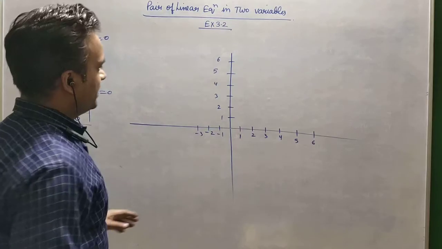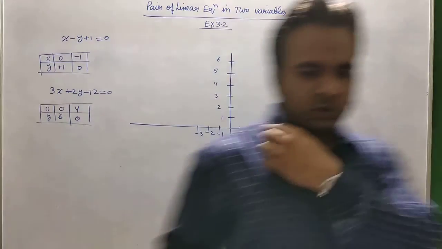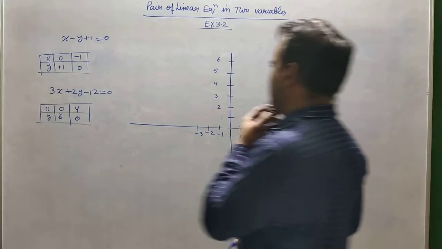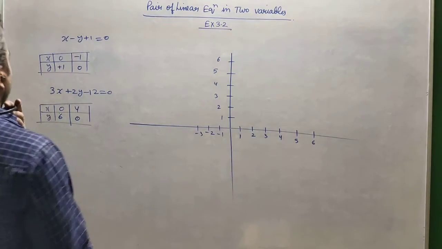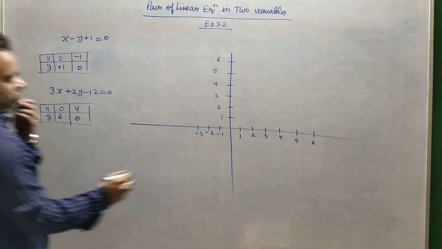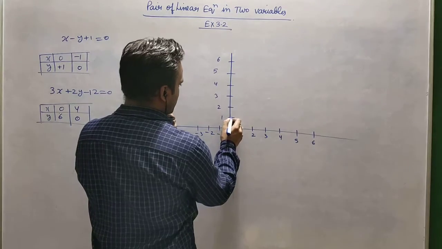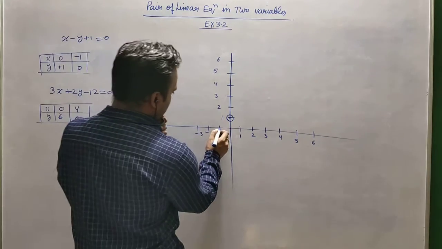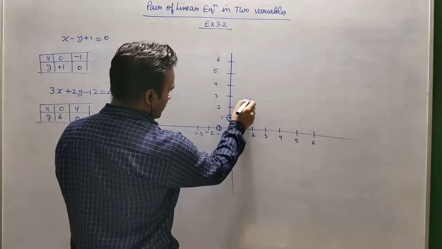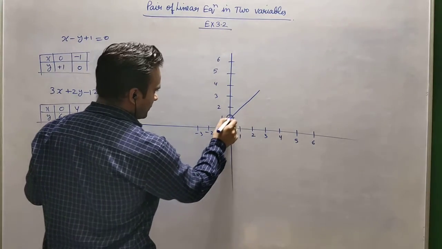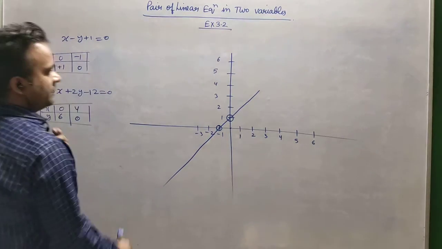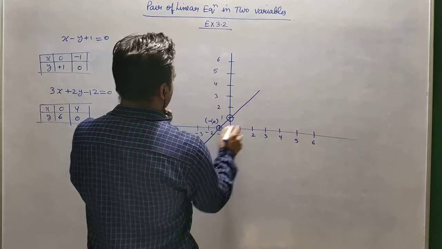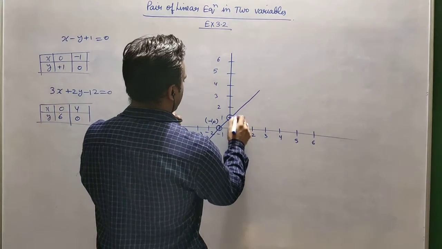Right? Now you have to just plot the coordinates. For this, you can see the first point is 0, 1. So this is 0 and this is 1. This is the first coordinate. Minus 1, 0 is the second coordinate. So you will draw this line.